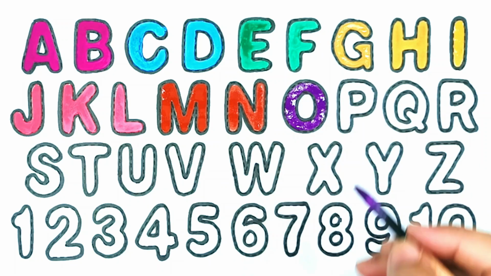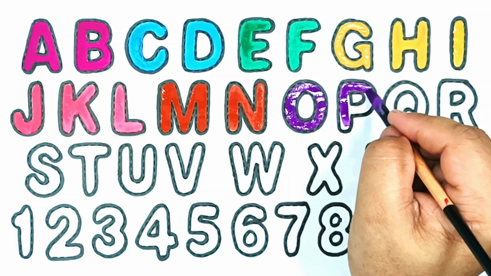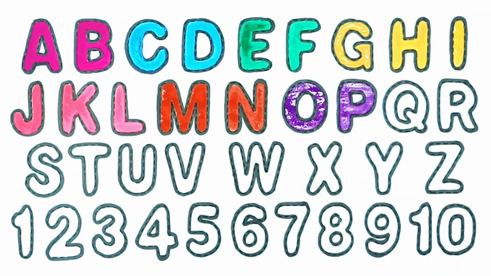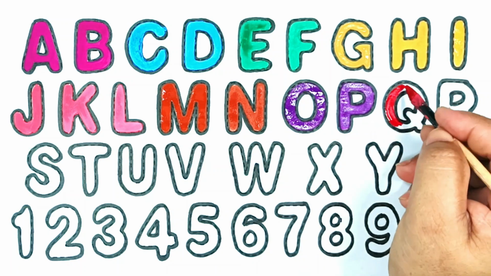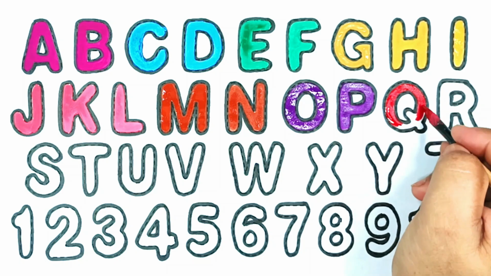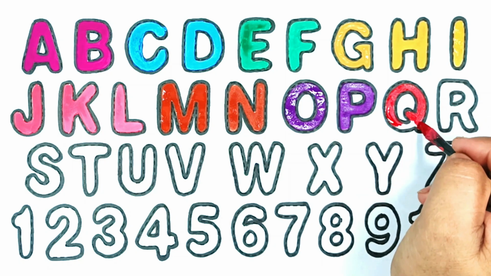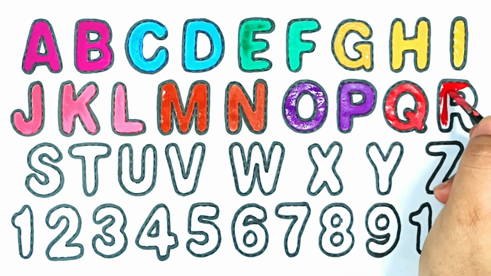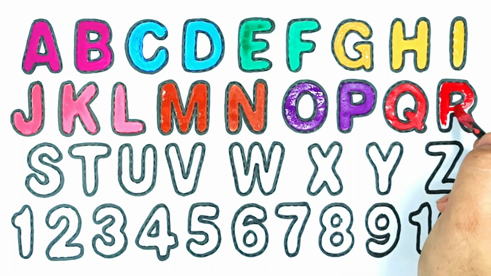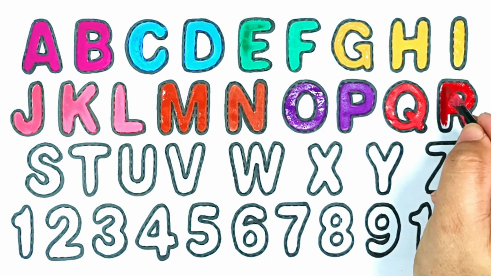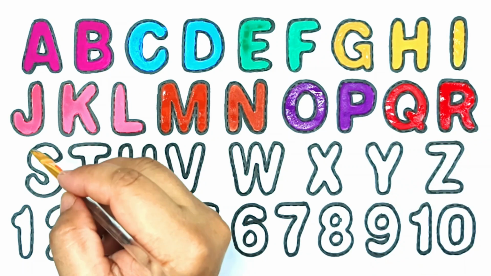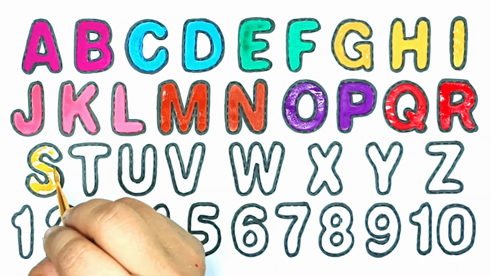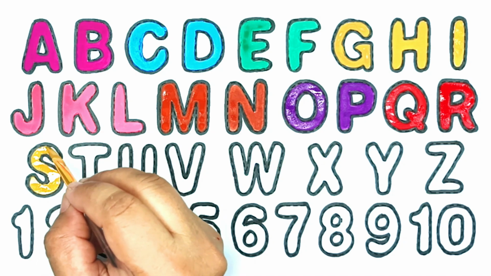O for onion. P for pen. Q for queen. R for ring. S for star.